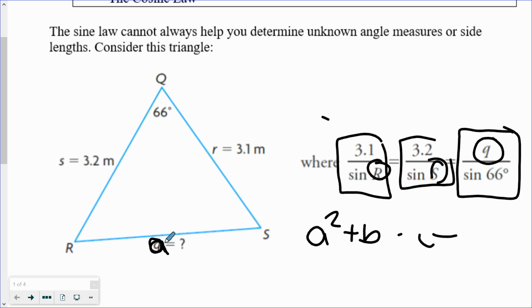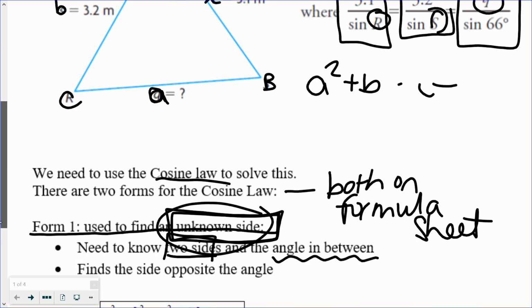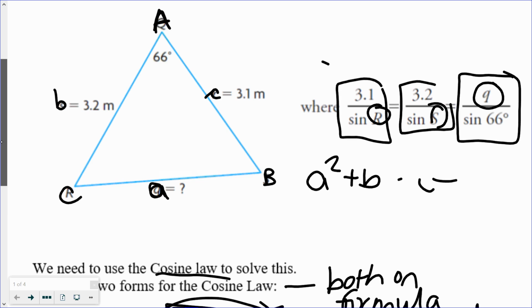A is my unknown, so that would be over here, and it doesn't matter which is B or C, so this would be lowercase b and this lowercase c. You could rewrite your formula in terms of your unknown, but I'm just going to rename my triangle.